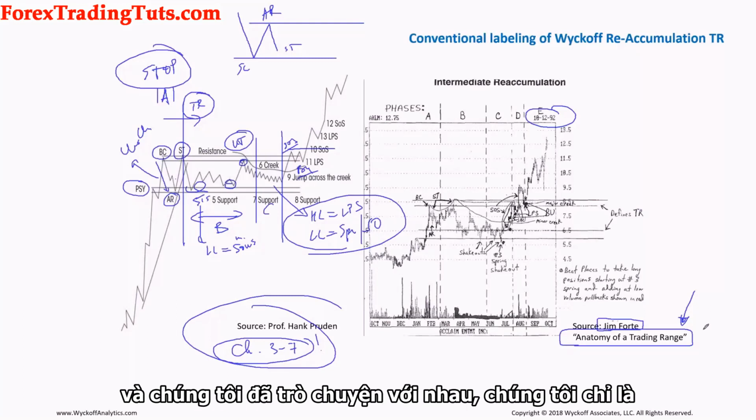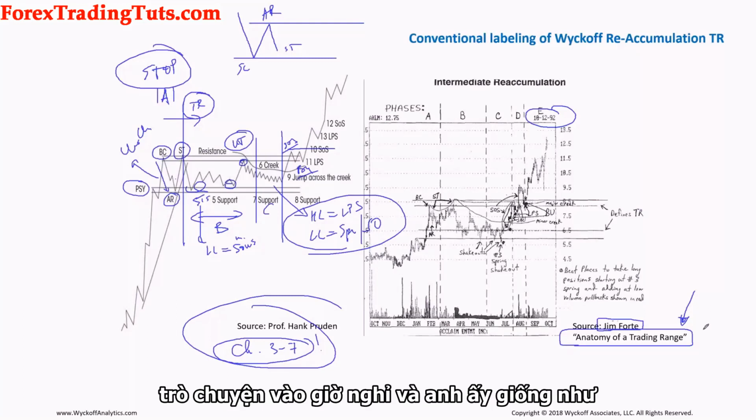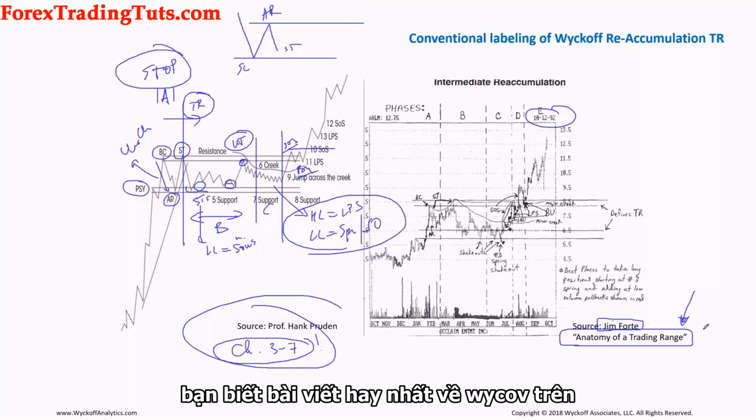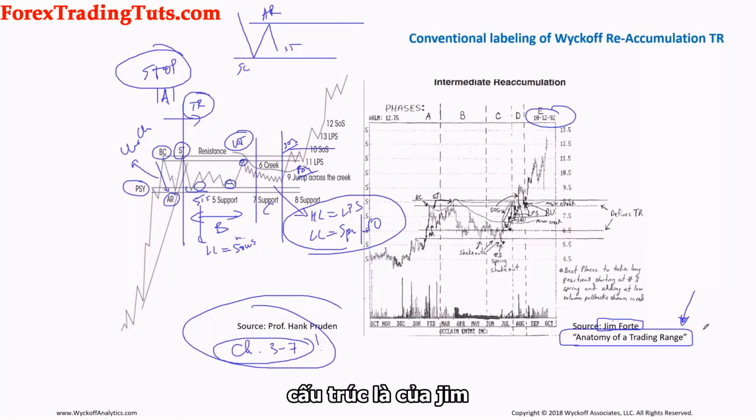And we were just chatting at the break, and he said the best article on Wyckoff structure was by Jim, and Jim was in multiple classes with me when I was at Golden Gate University. So if you don't take my word as a confirmation of the value of this article, then take the word of John Bollinger.